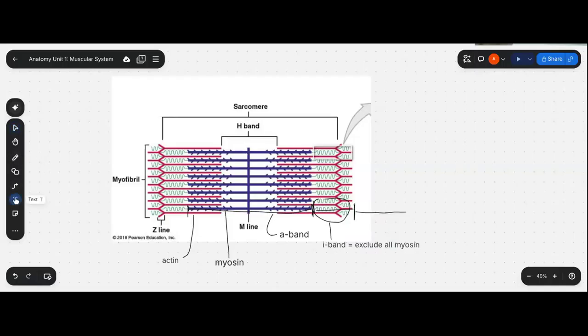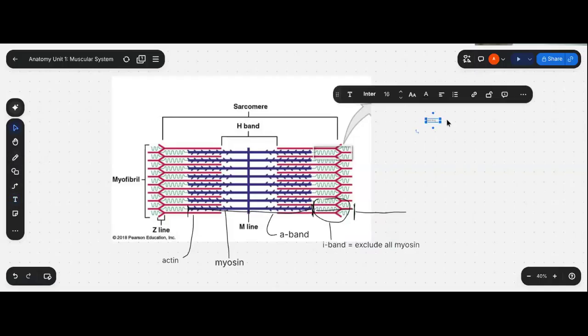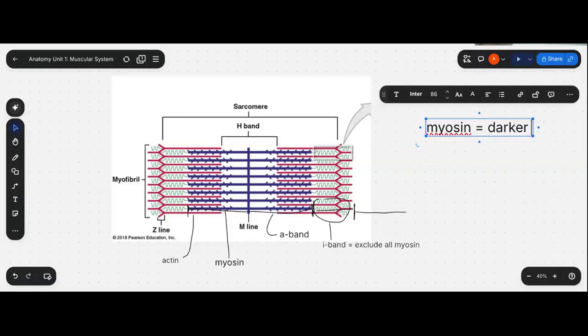Another really great way that I like to remember whether a band is in charge of myosin or actin, is because myosin is always going to be the darker color, and the word dark has an A in it, so an A band.